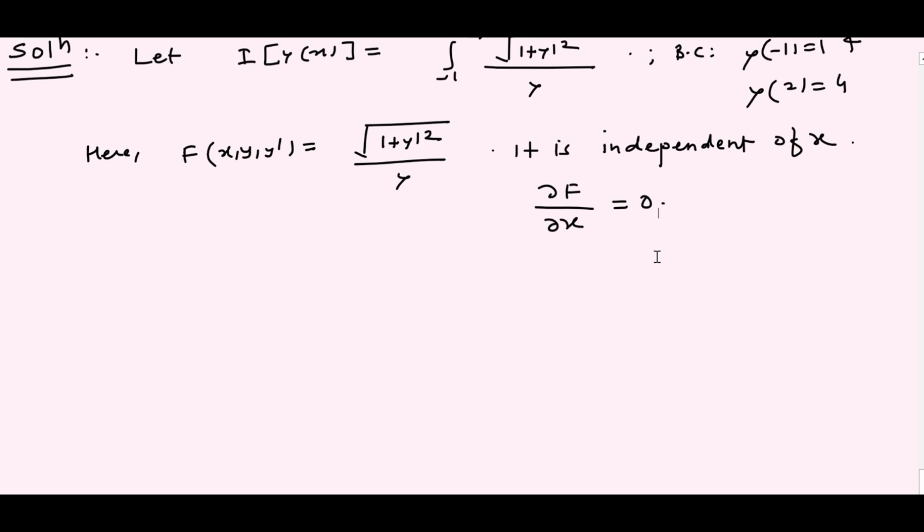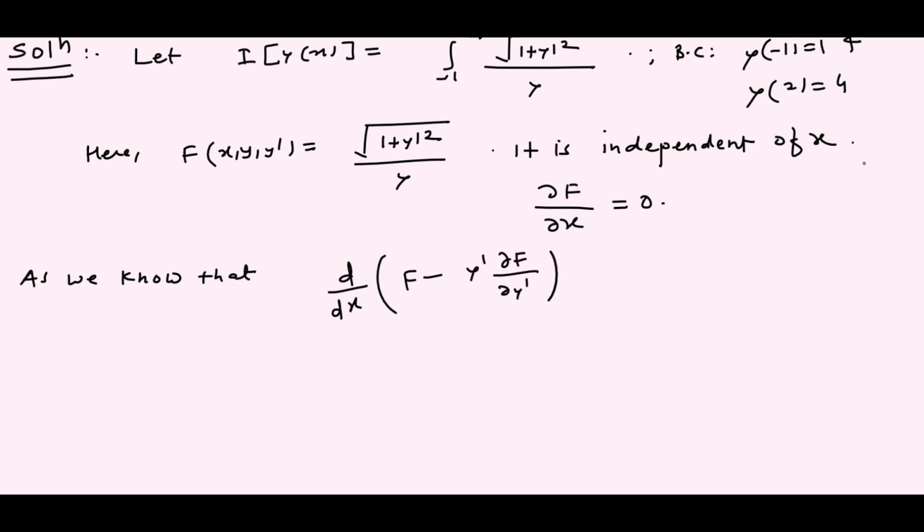So now further, as we know the Euler second form of differential equation, that is d over dx of f negative y dash del f over del y dash negative del f over del x is equal to 0.